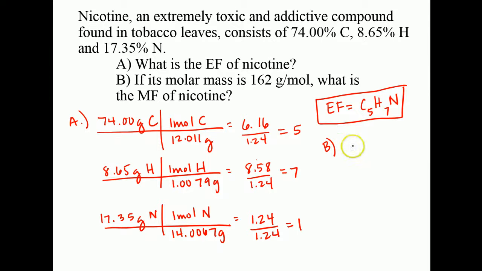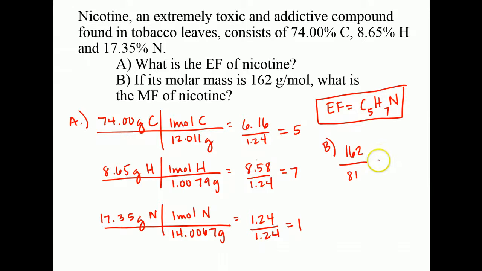And then letter B, we need to take the molar mass, which is 162, and divide it by the mass of that empirical formula that we just determined. So if you take 5 carbons plus 7 H's plus an N, you should get 81.117.